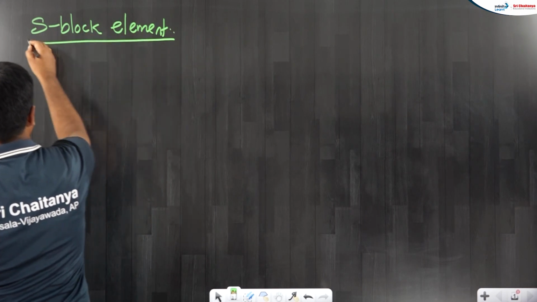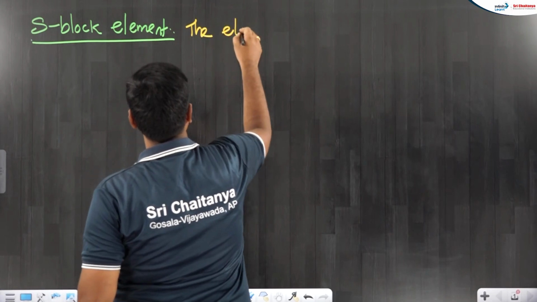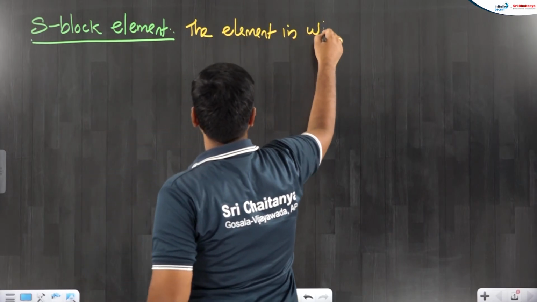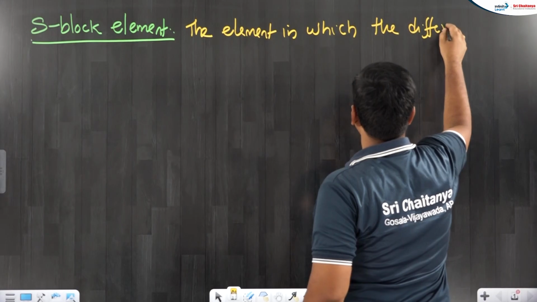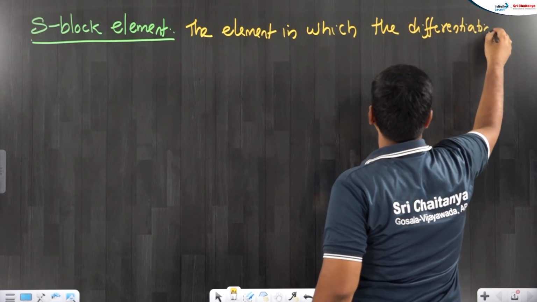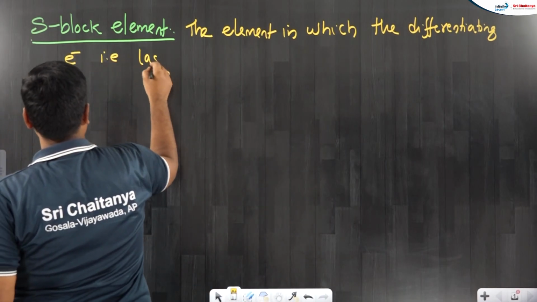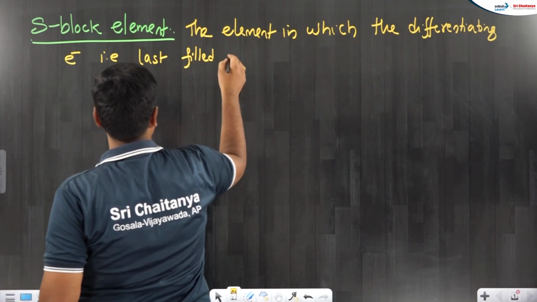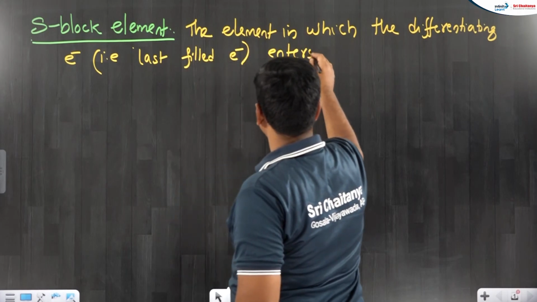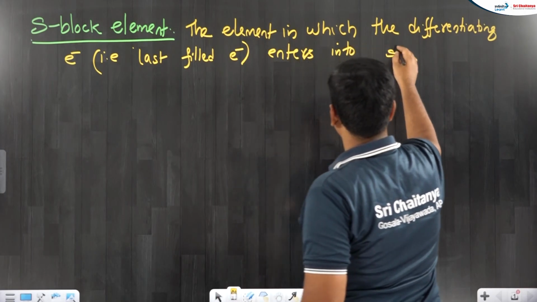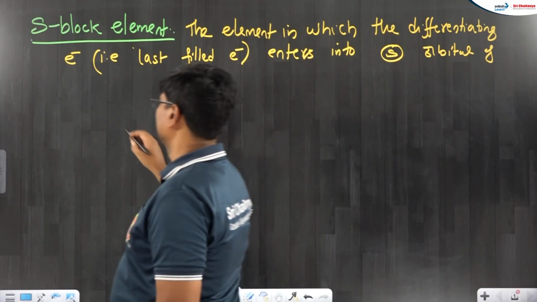What is an S block element? S block element is the element in which the differentiating electron, that is the last electron while filling, enters into s orbital of valence shell.